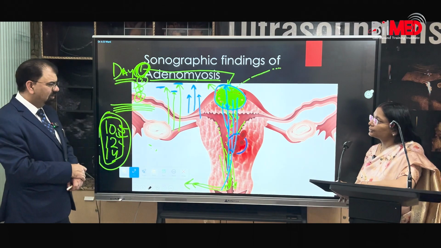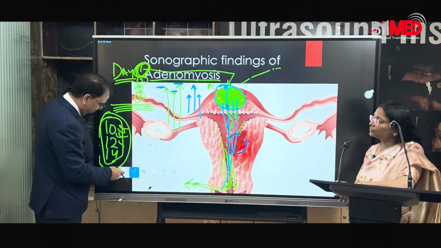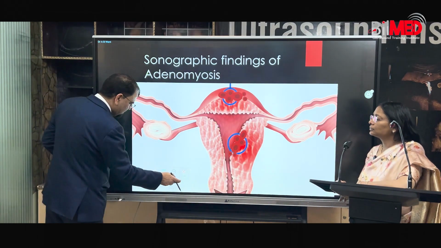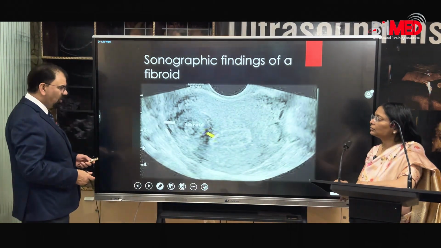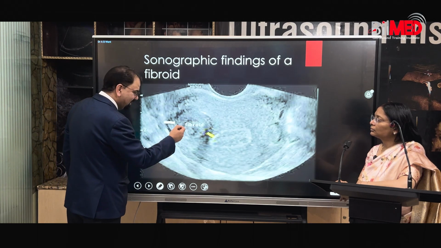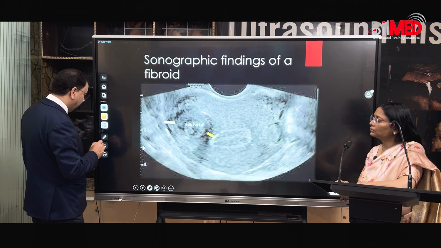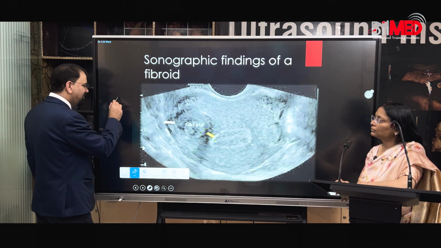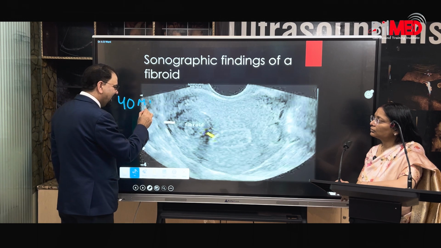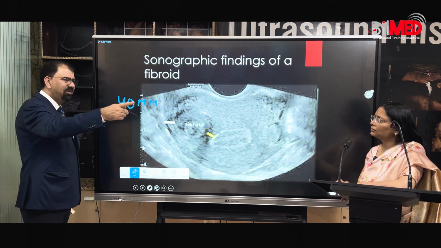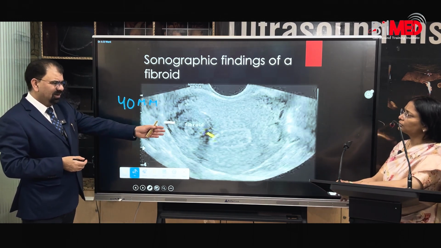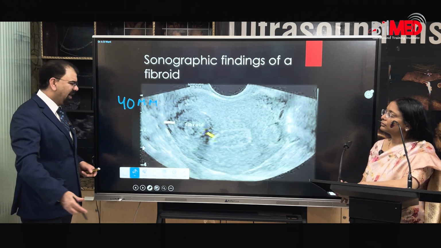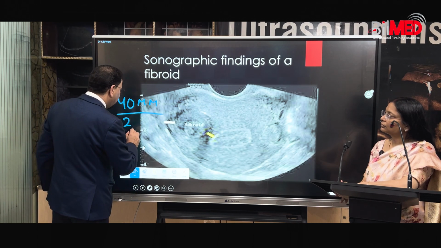Yes, that is what I told you. If you are having what you are thinking to be a fibroid over here, and that fibroid is 40 millimeters when you are scanning, and previously, maybe some 5 days before, you or somebody else scanned and it was 20 millimeters only.